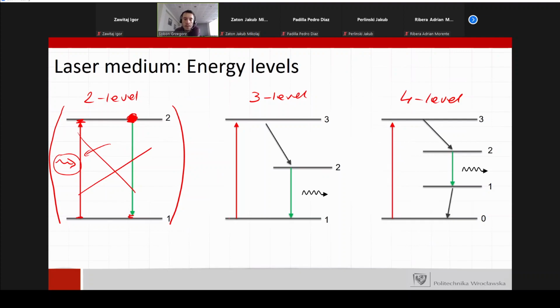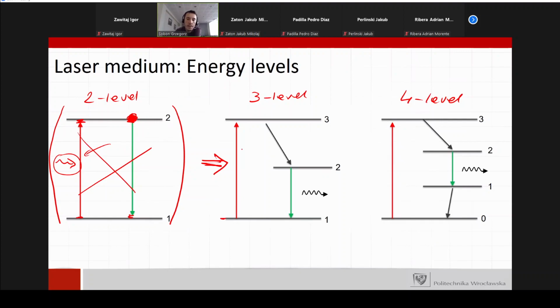We have the ground state, and we pump our laser medium. So we deliver energy. This might be either current in the semiconductor, a discharge in the gas, or optical pumping in fiber or semiconductor lasers.